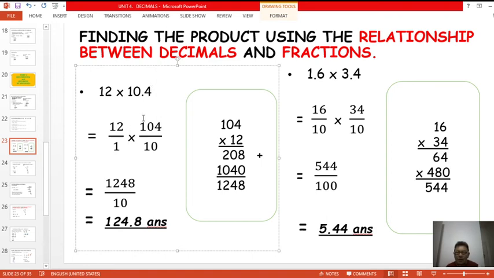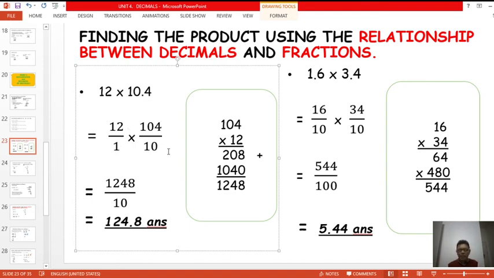So now we convert this decimal number into a fraction. We have 104 over 10 because it's on the tenths place. Then, as simple as that, try to remember your multiplication skills involving fractions.